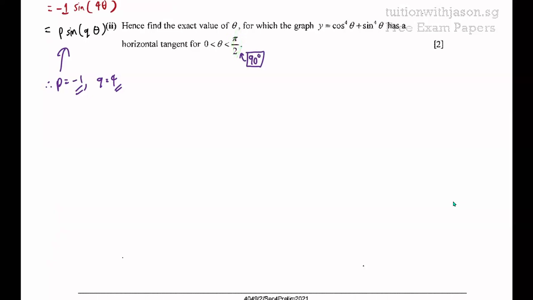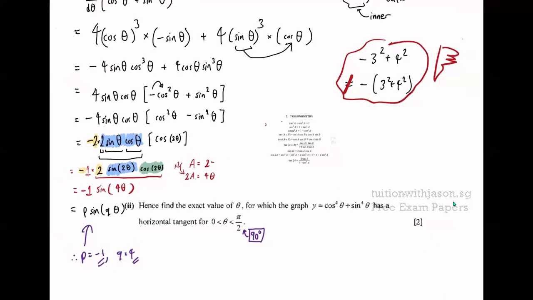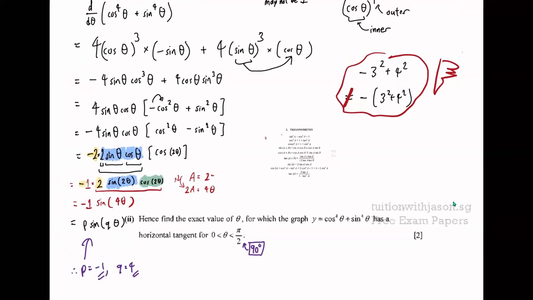So, what does it mean? Negative sine 4 theta is the derivative of y.